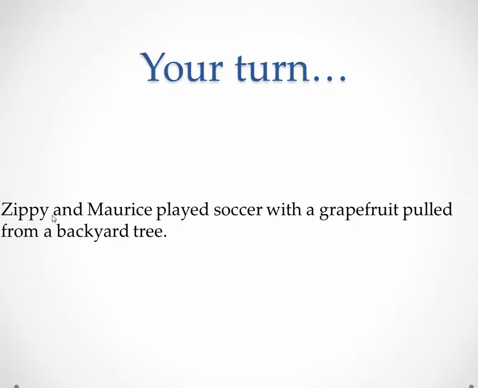Okay, so subject, Zippy and Maurice, plus action verb, played, plus what or whom. What did they play? Well, they played soccer. So that equals our direct object. Soccer is our direct object. It's the recipient of the action played, and it tells us what was played. So, pretty simple. Soccer is our direct object.